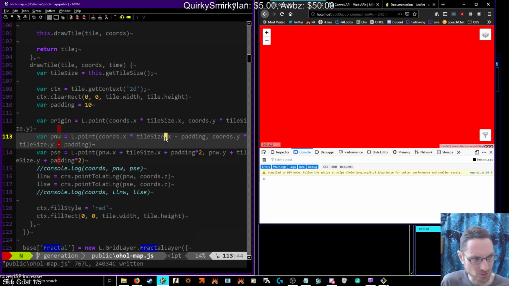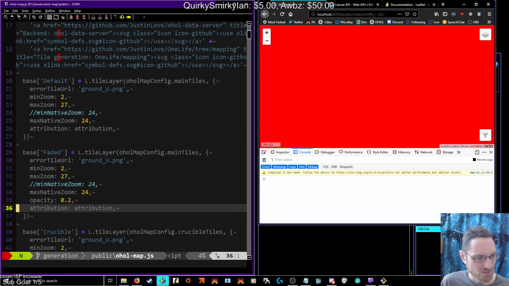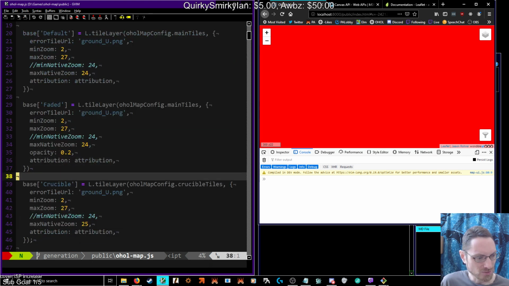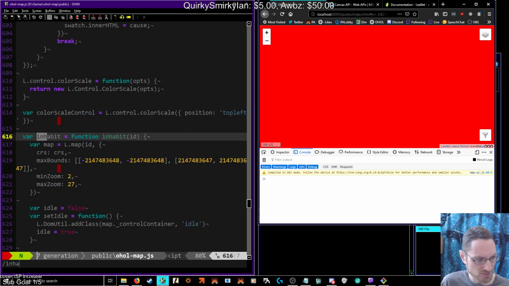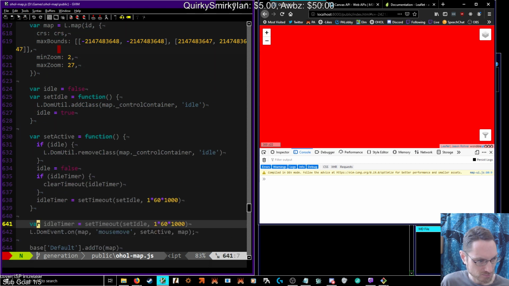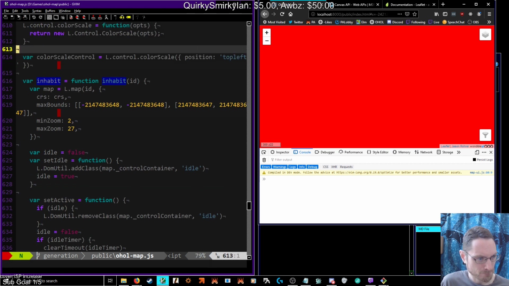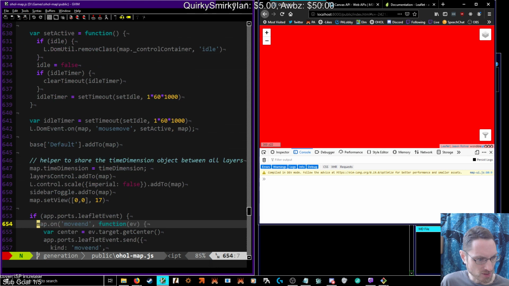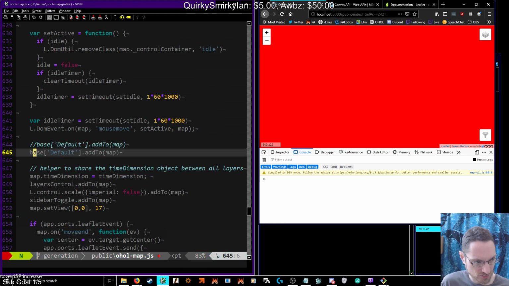Now, for testing purposes, see, none of you can get added to the map. So we add a map, base default.